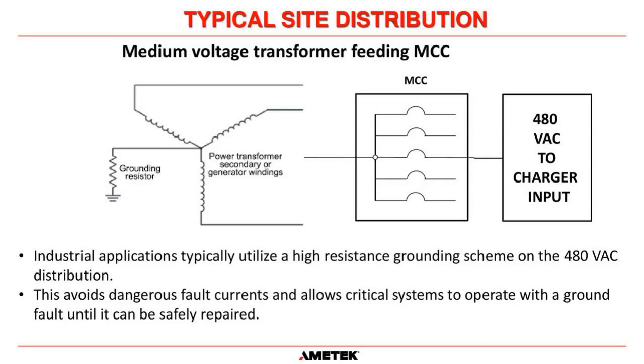Here's the distribution we see typical for a plant environment. We've got a 480 bus with a high resistance grounding scheme.